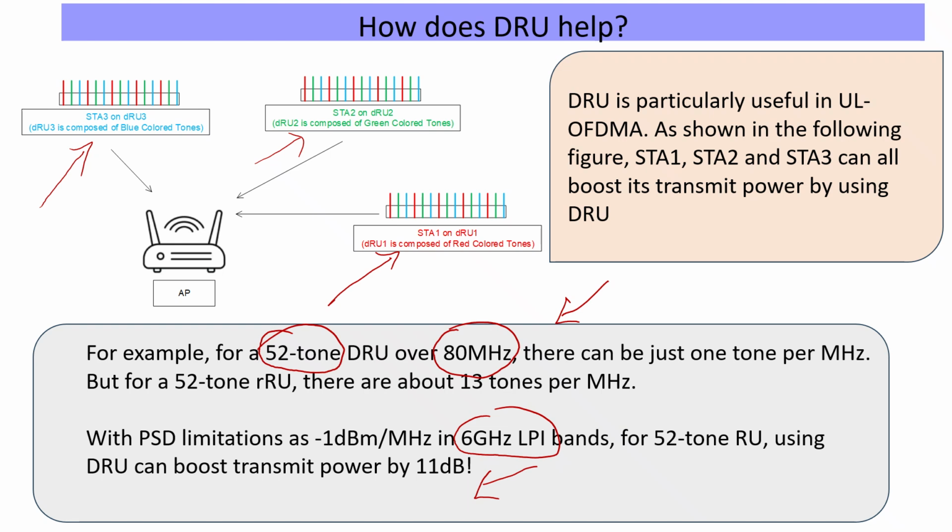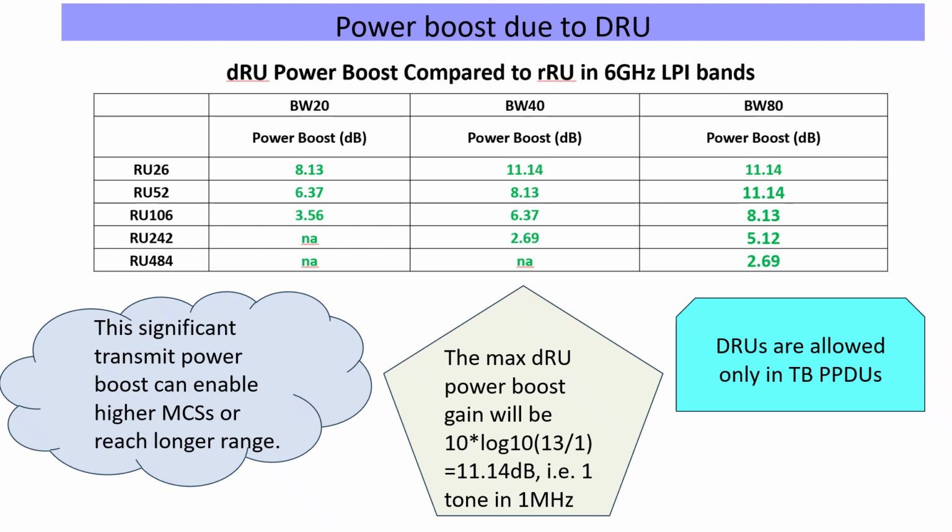This definitely is the target: uplink OFDMA coverage and the related benefits of better rates, MCS, etc. So a quantitative view of this is, if you take the smallest size tone, look at the boost even by putting it over 20 megahertz, and then of course the maximum of 80 megahertz. As you can see, there are limits to the boosting. And remember that this is only allowed in uplink OFDMA transmissions.